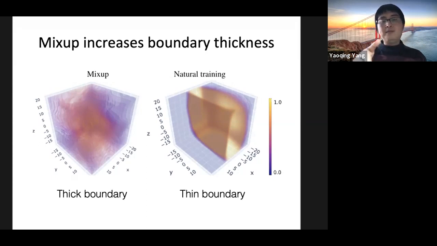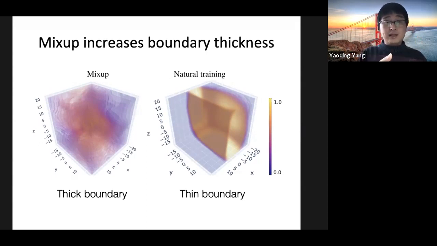And then on the right, you can see that these 2 level sets are very close, because they're basically the same thing. If you look at this decision boundary, they basically collocate. So if you actually measure the decision boundary thickness, you get something very small.